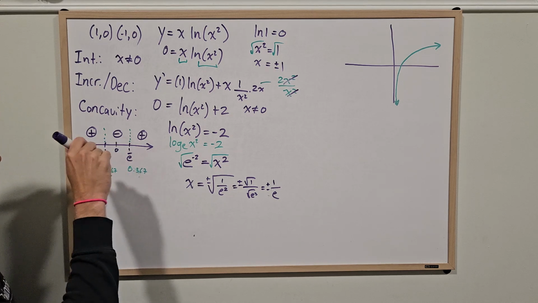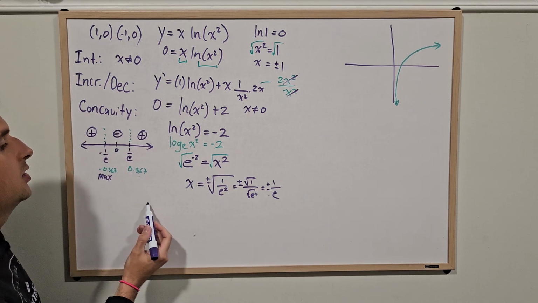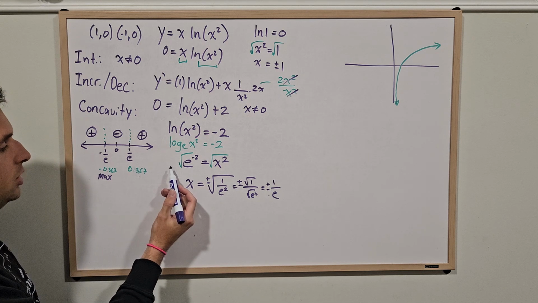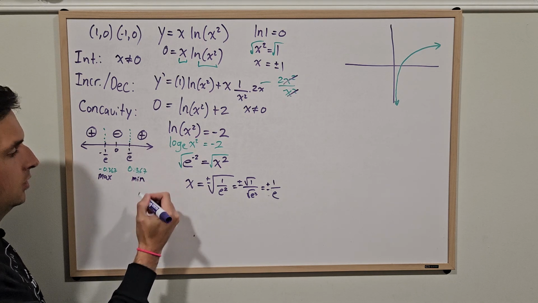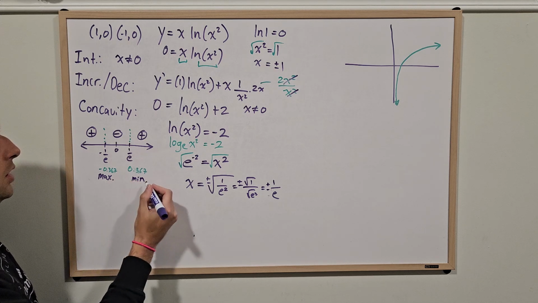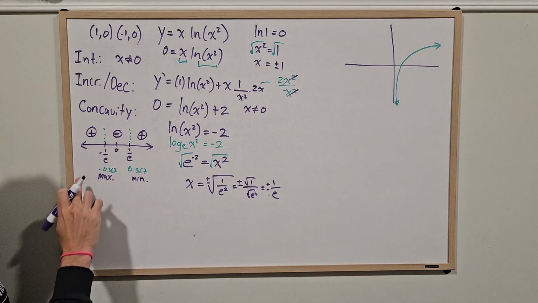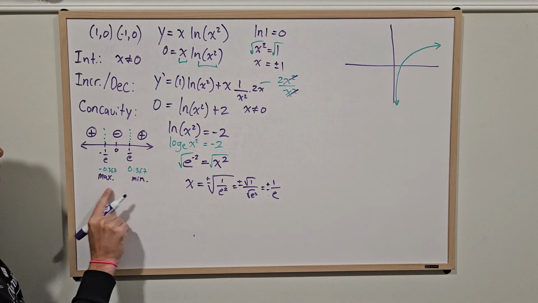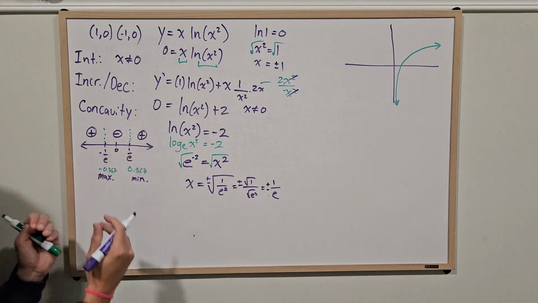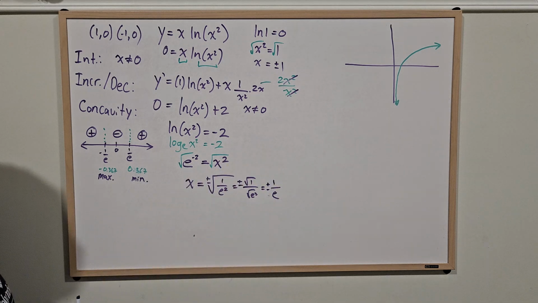At this point, I have decreasing and then increasing tangent lines. So this is going to be a min value. Okay, I just like to put little notes like that to remind me what I've just found here, right? Give me more information, more clues for drawing our graph later on, okay?